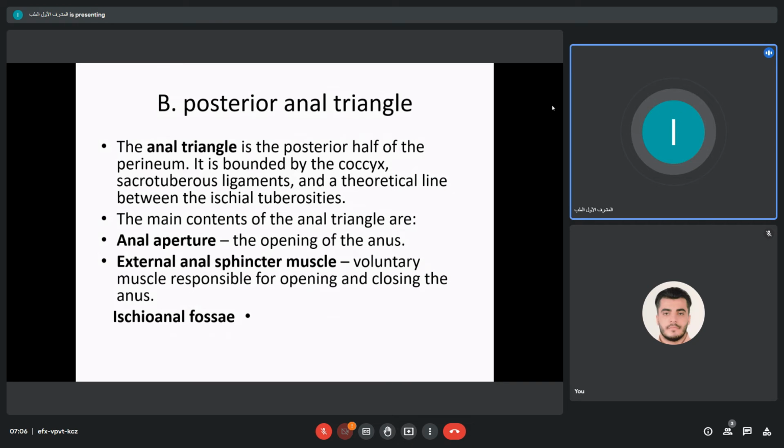The main contents of the anal triangle are the anal apparatus, meaning the opening of the anus, the external anal sphincter muscle, which is the voluntary muscle responsible for opening and closing the anus, and the last part, which is the anal fossa, which I mentioned in the previous lecture.